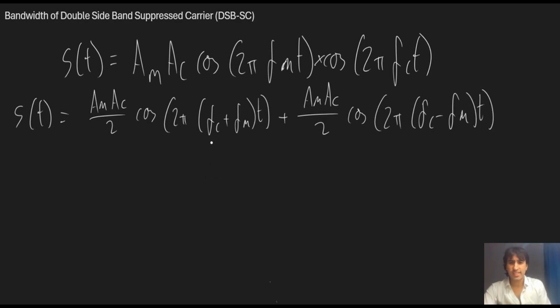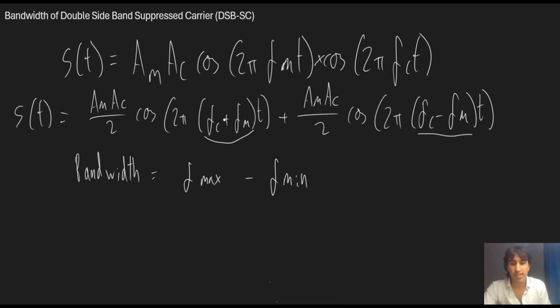As you can already see, we have this fc plus fm term and this fc minus fm term. So we'll use these to find our range of frequencies and hence the bandwidth. If you remember, our bandwidth equals the f max minus the f min. So naturally we can see that adding the two frequencies together will give us our f max, and subtracting the two frequencies will give us our f min, or our minimum frequency.